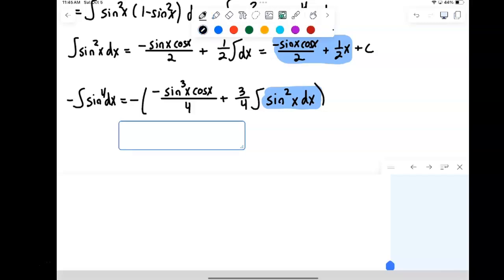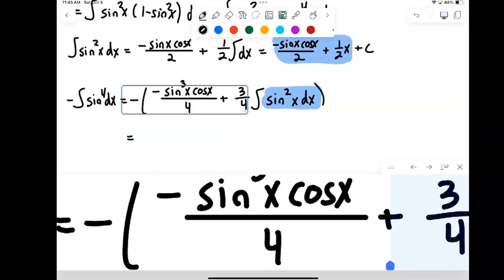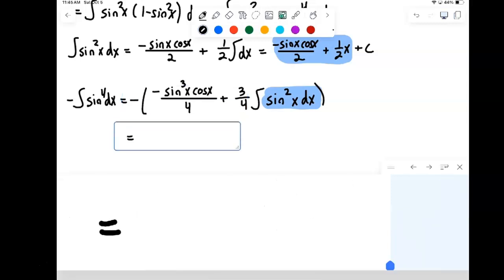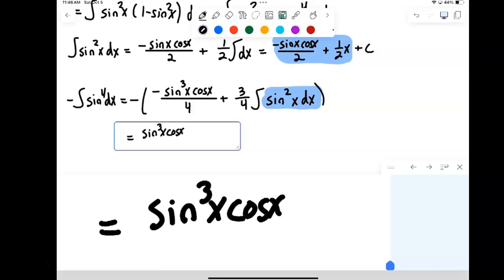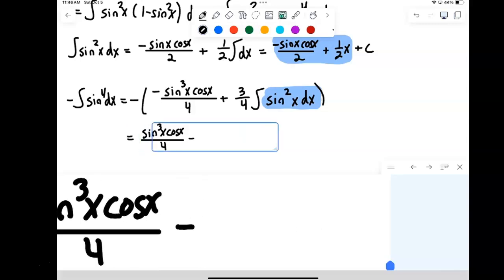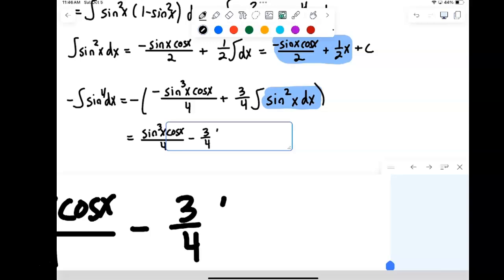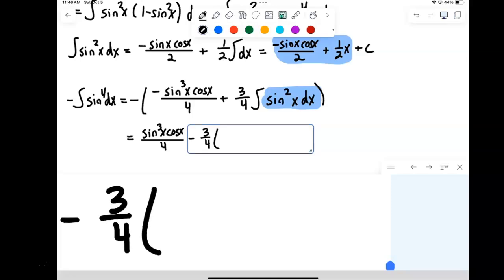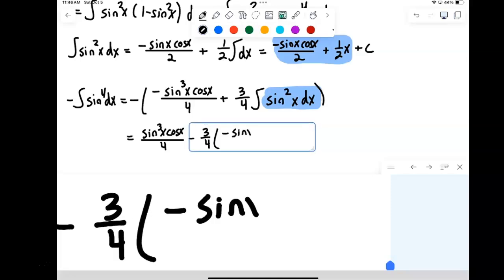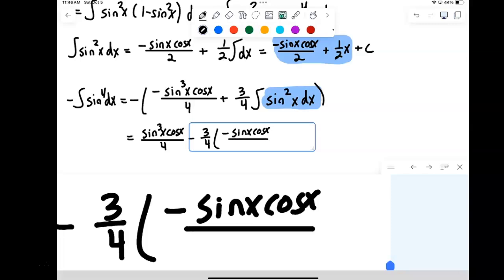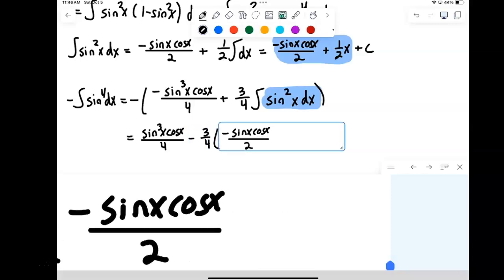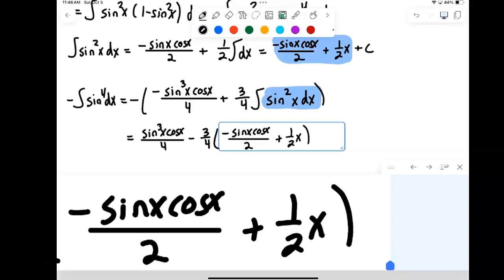So for sine to the fourth, distributing my negative sign through here, would be sine cubed x cosine x over 4, minus 3/4 times our result here, minus sine x cosine x over 2 plus 1/2 x. Again, I'm not worrying about the plus c right now because we'll incorporate that later on.